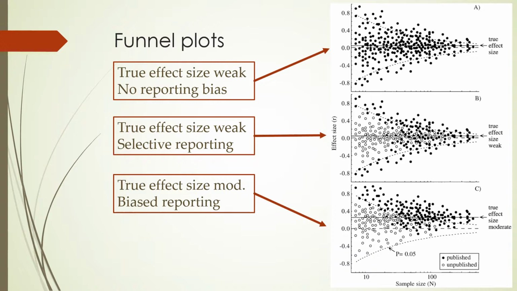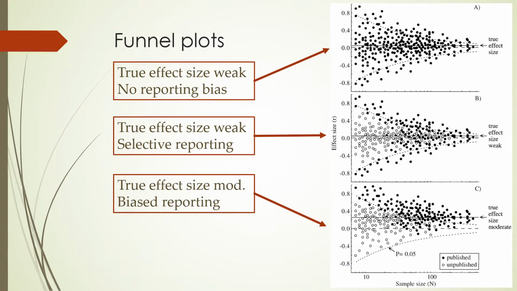A second outcome might be the one in the middle here, where the true effect size again is weak, not much difference, but you have selective reporting, and this would be probably pretty common, right? So if you have a small sample size, you might be reluctant to publish those results if the outcome is not significant, because, well, I didn't have a big sample size, I can't be confident of this outcome, and therefore it doesn't warrant publication in the peer-reviewed literature.